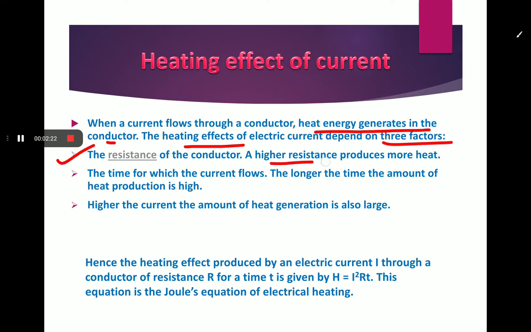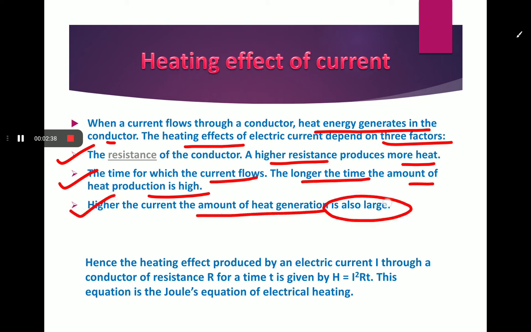Higher the resistance, more heat is produced. Second, the time for which the current flows. The longer the time, the higher the amount of heat produced. And third, the higher the current, the larger the amount of heat generated. So these are the three terms on which the amount of heat depends.